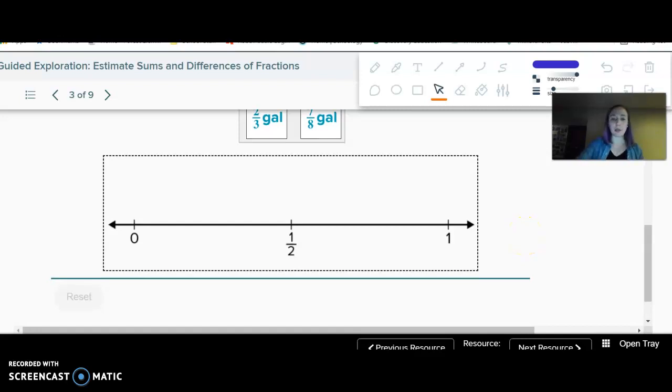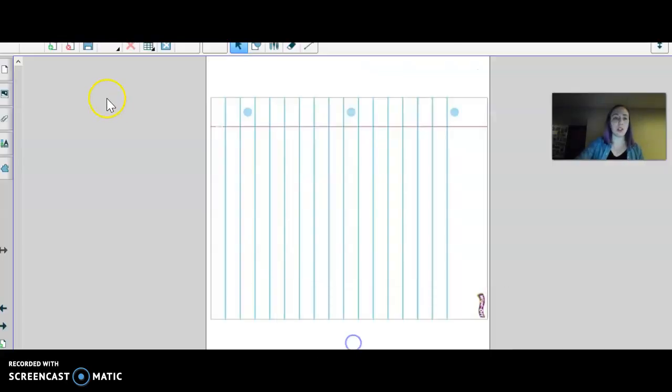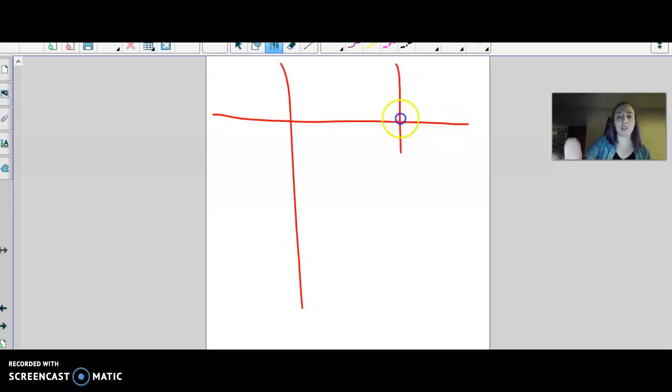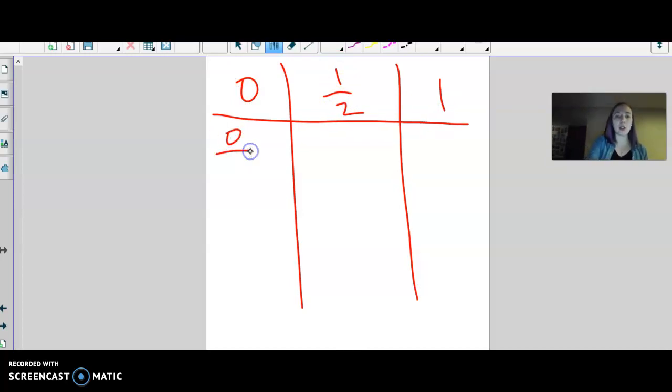So we're going to take a minute and think about what are some numbers that are close to each of these things, or some fractions. So if we have 0, 1/2, and 1. Now, anything with 0 as the numerator is going to be equal to 0. But that means even if I have like 1/5, that's pretty close to 0/5.